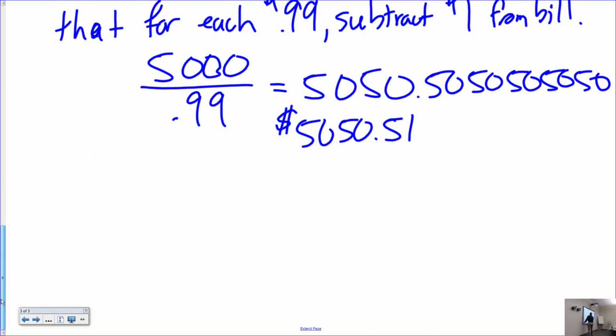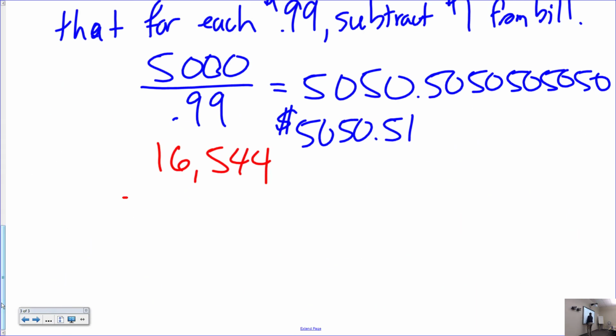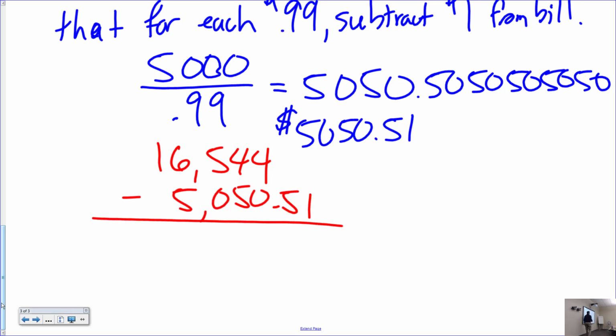So anyways, you're going to take the 16,544, that was the number, right? Yes. And subtract the 5,050 and 51 cents, and this is how much you will owe after you make that $5,000 payment.